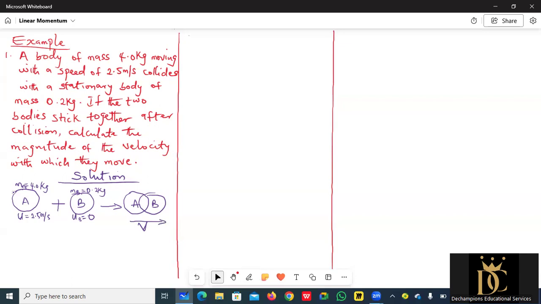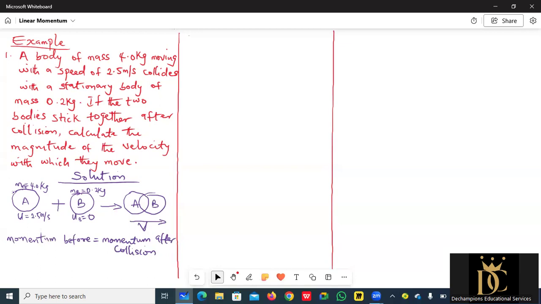And we know that the law of conservation of linear momentum says that momentum before collision equals momentum after collision. That's what the law of conservation of linear momentum says.